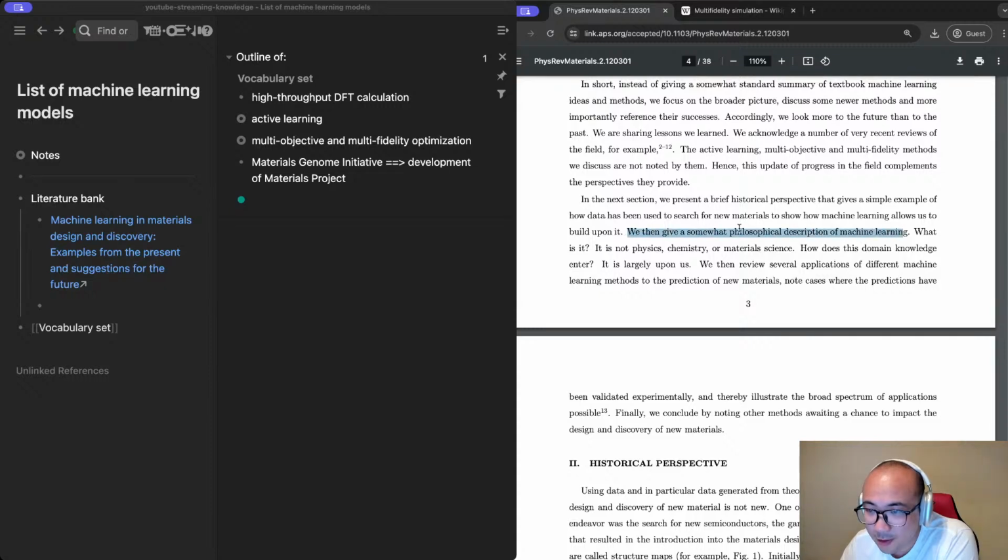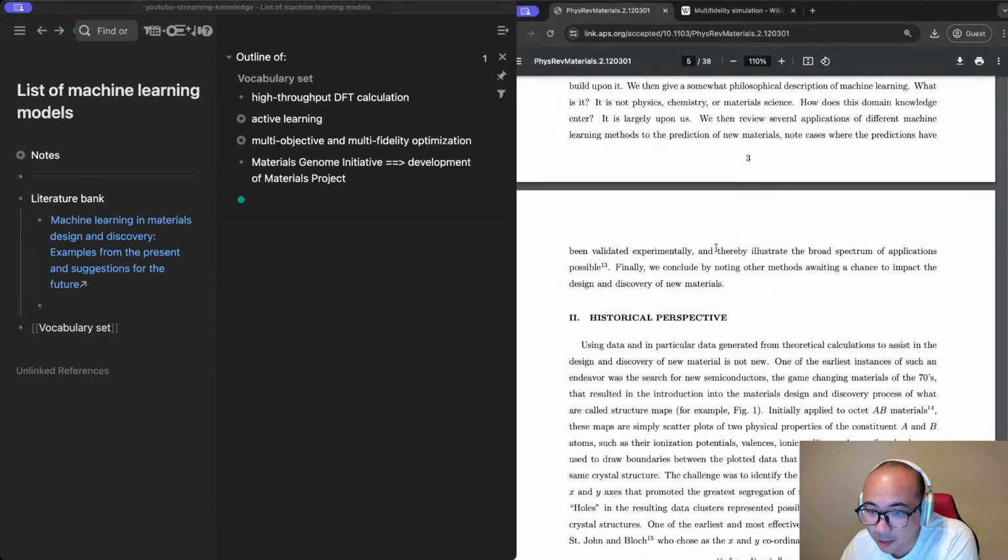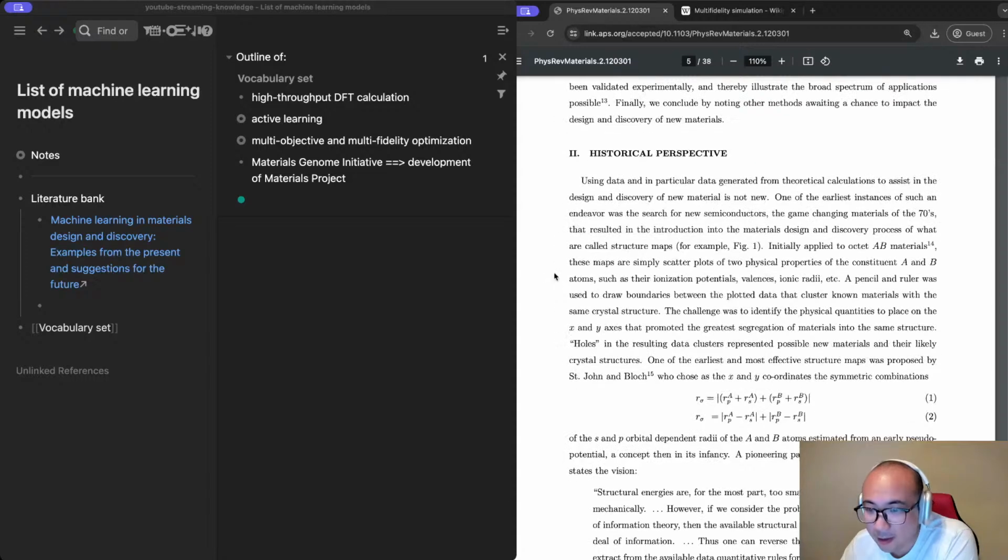Philosophical descriptions of machine learning. What is it? It's not physics, chemistry, or material science. How does this domain knowledge enter? It's largely several applications with different machine learning, not cases where the predictions have been validated. Illustrates the broad spectrum of applications possible. Yeah, I think it is important.